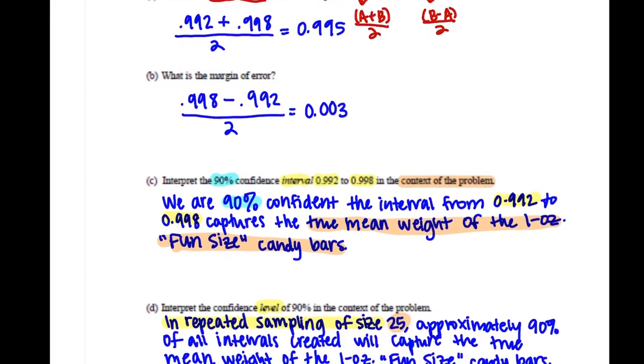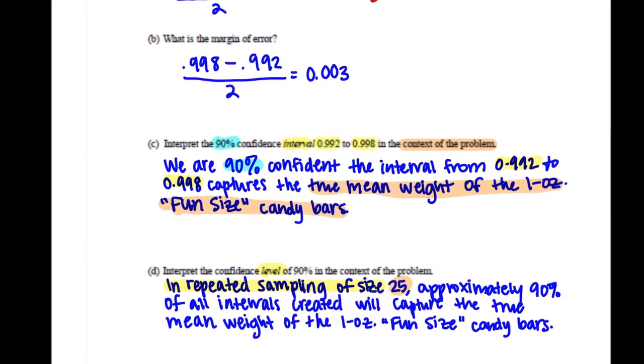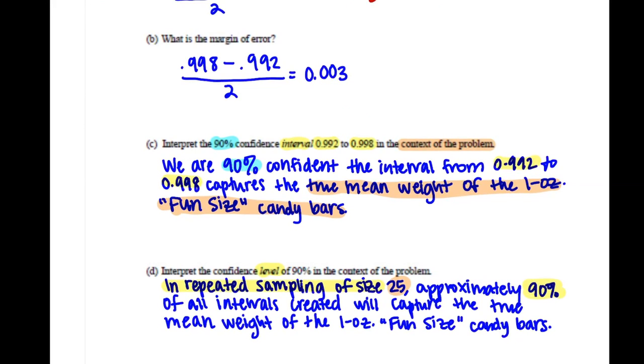And then we have the confidence level here, and we want it to be in context. Let me highlight that blue actually. So we say the true mean weight of all one, same exact thing.